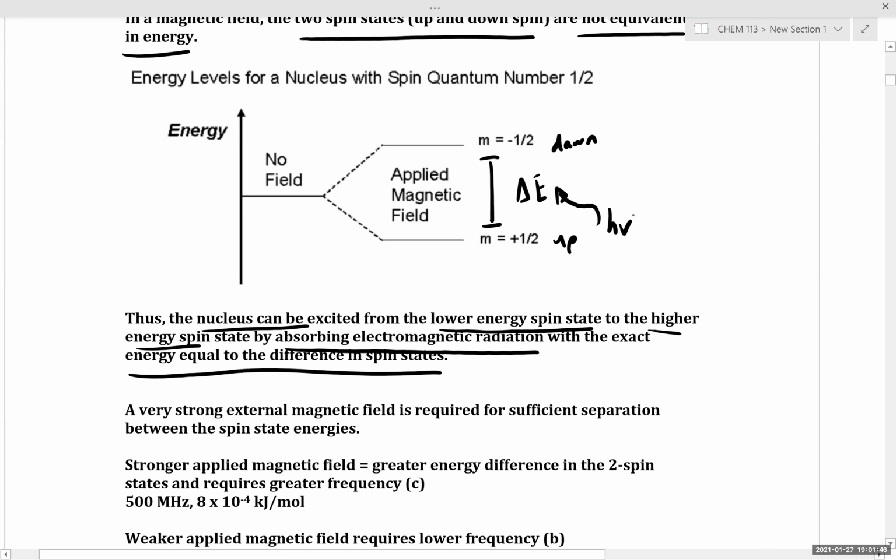So if we irradiate our sample, if we expose our sample to the exact frequency and the exact wavelength of light that matches this energy difference between our two spin states, then we will be able to excite our nuclei to the higher energy spin state. So our nuclei will absorb defined wavelengths of light based on this difference in energy between our two spin states.